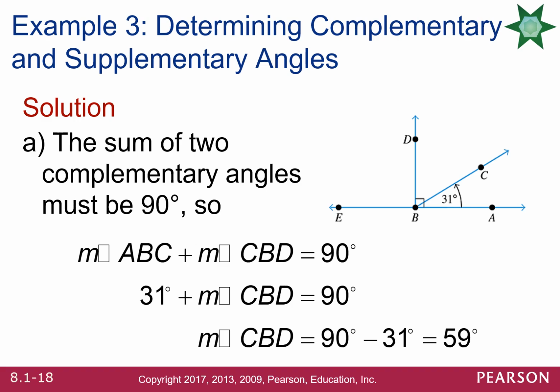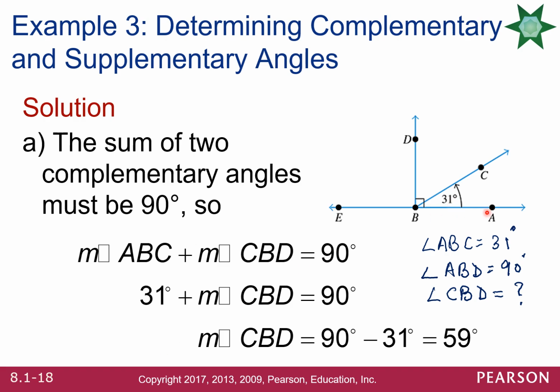So we have here angle ABC is 31 degrees, angle ABD is 90 degrees, and then we have angle CBD is what we need to find. That's X degrees, let's say. All right.